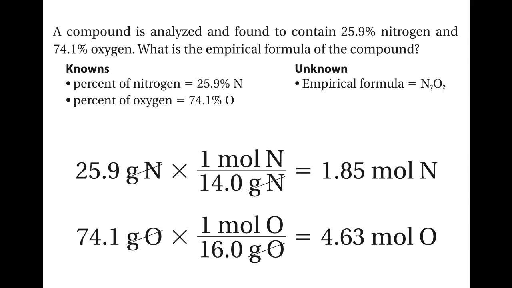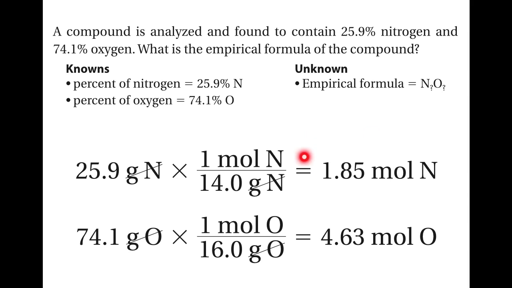So the next step, after I've converted that percent into grams and that grams into moles, is I'm going to look at my two products. I have 1.85 here and 4.63 here. Do you guys see that? I'm going to pick the smallest mole that I have.